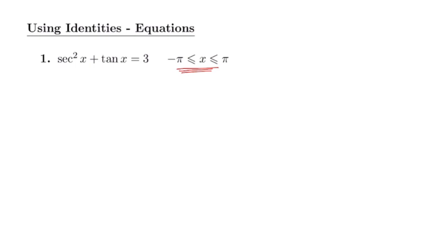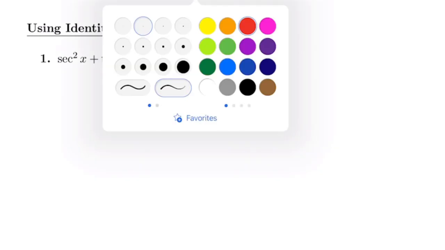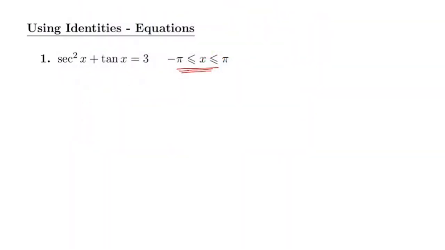So when we solve equations, remember, most of the time we need the same trig function. So we've got sec squared and we've got tan. We usually change the squared trig function. So we know we can replace sec squared by 1 plus tan squared. Then tan squared x plus tan x equals 3.